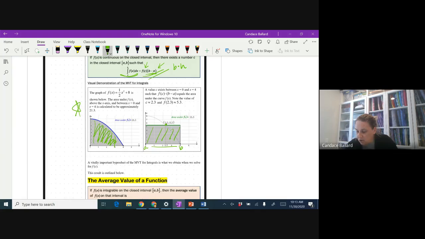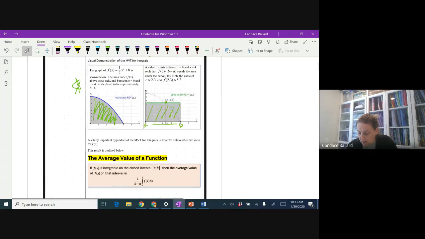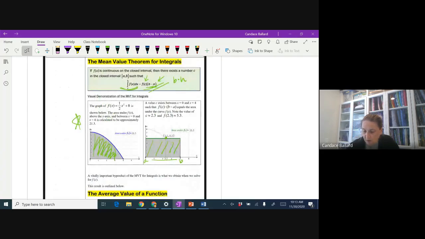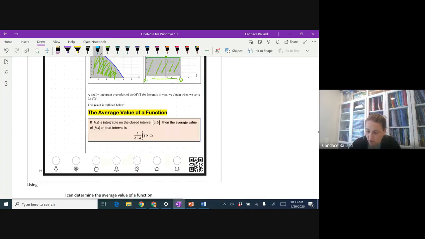So we can actually use this theorem to get the average value formula. In order to find this f of c value, I can take this right here and divide it over to the other side. When I divide that over, I end up with what we call average value.